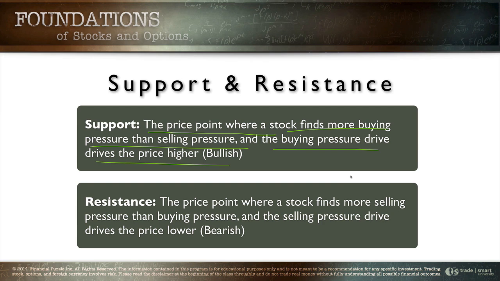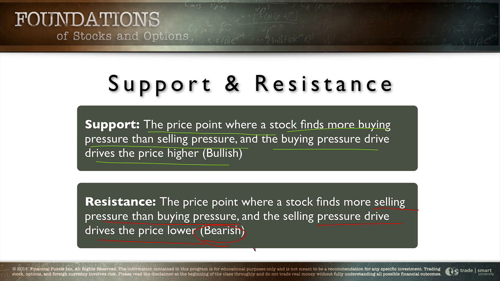Resistance is the price point where a stock finds more selling pressure than buying pressure, and the selling pressure drives the price of the stock lower, thus creating a bearish situation. Learn these definitions, understand these principles, and you're going to unlock a world of opportunity in every trade that you look at.